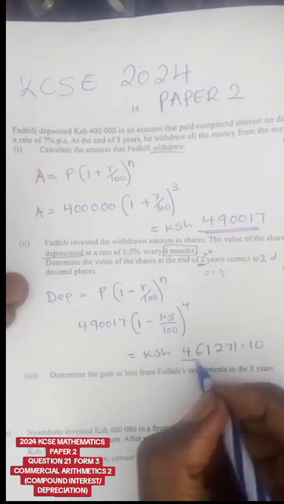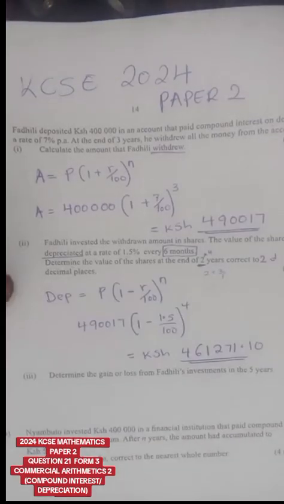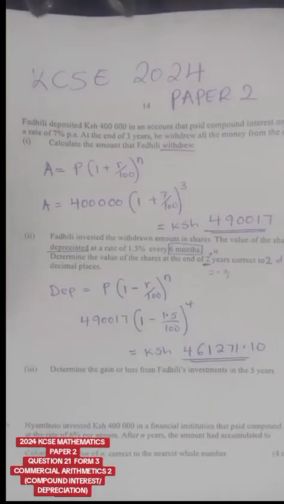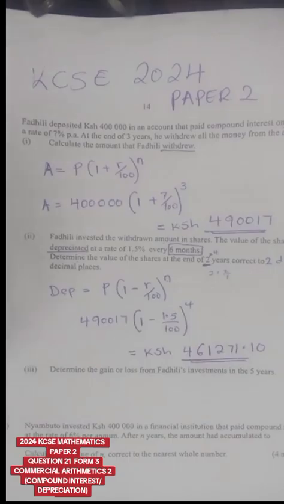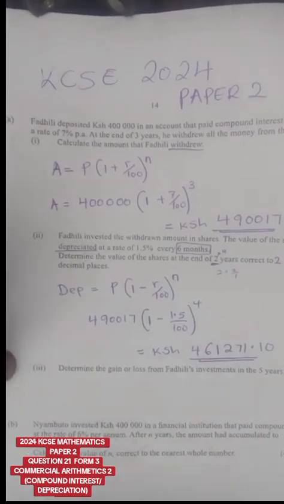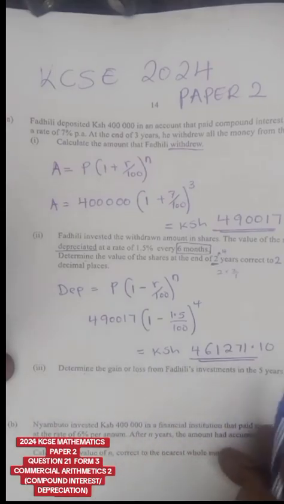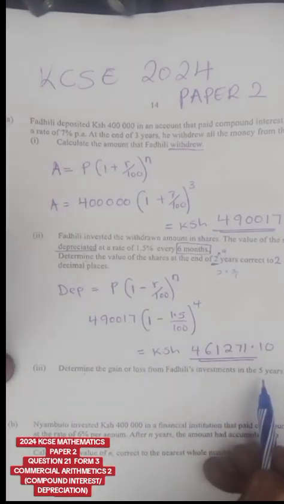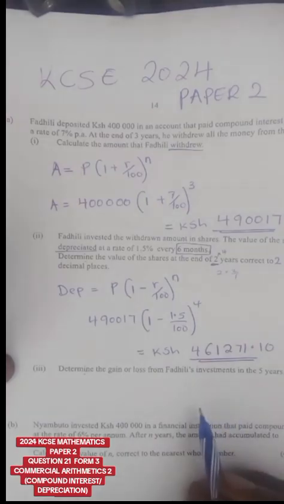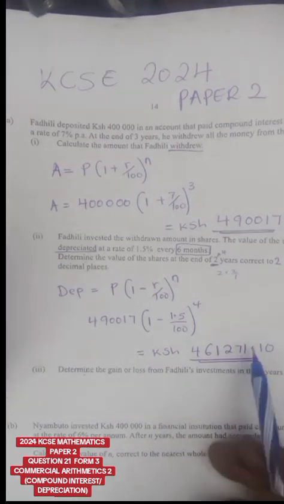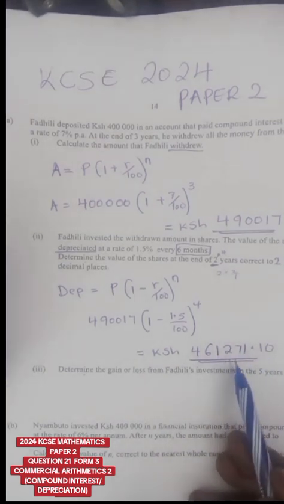Then we can look at question Roman 3. You are told to determine the gain or the loss from Fadhili's investment in 5 years. So we're going to look at whether it is a gain or a loss after 5 years. What we are going to do is calculate this amount that we had invested, because this is after 2 years.